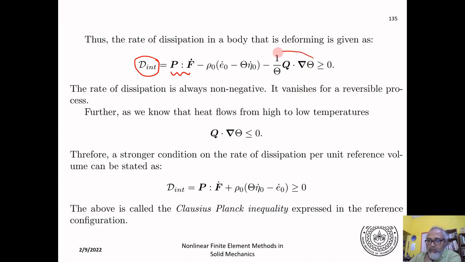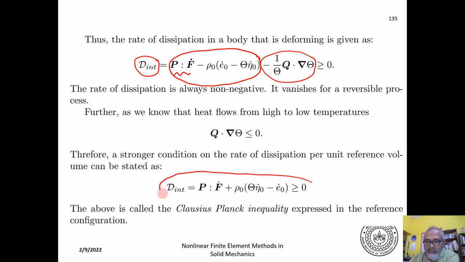So this whole term is always positive, which means that we can have a stronger condition on the rate of dissipation, saying that this part also has to be strictly positive, and that's this statement. This is known as the Clausius-Planck inequality, and the Clausius-Planck inequality is a stronger form of the Clausius-Duhem inequality.